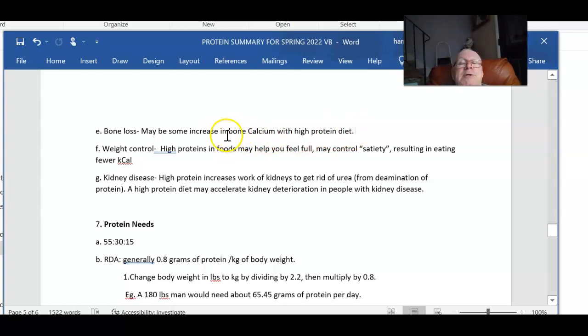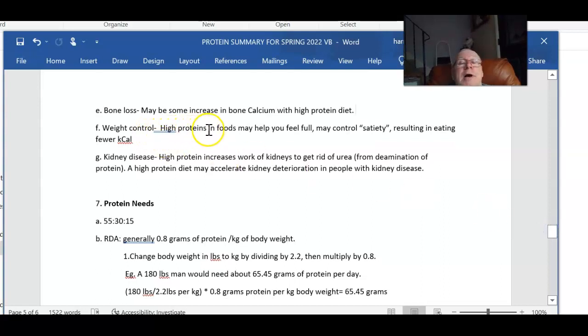It seems to me that there may be some increase in bone calcium loss with high protein diets. I'll put that up on the board too when we talk about proteins, and then you can just write it into the document.